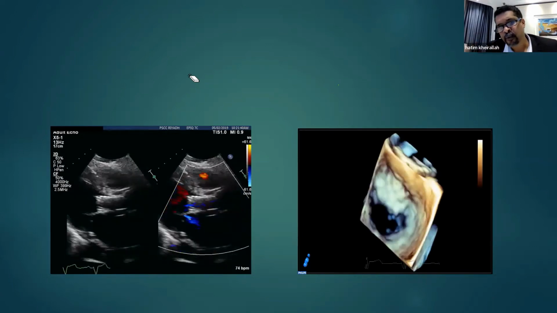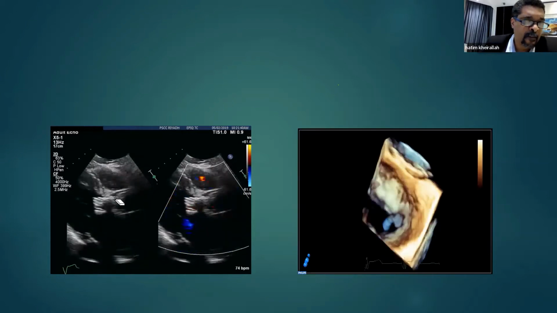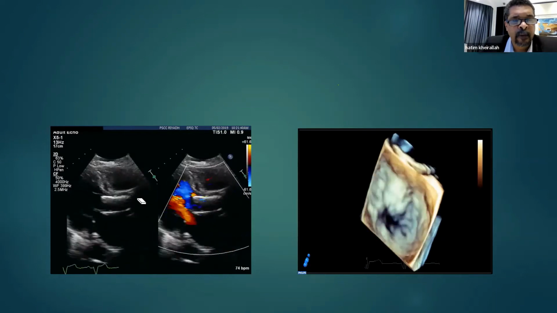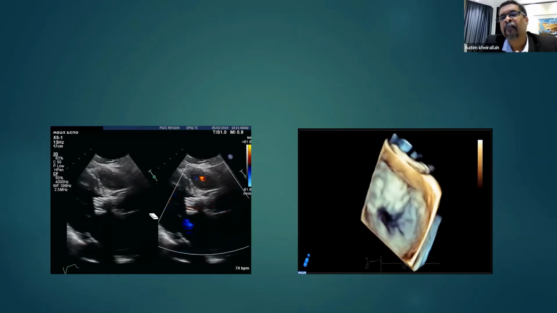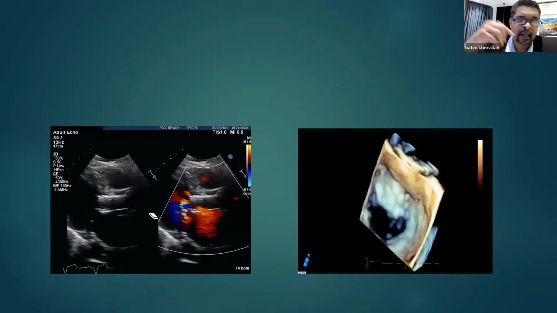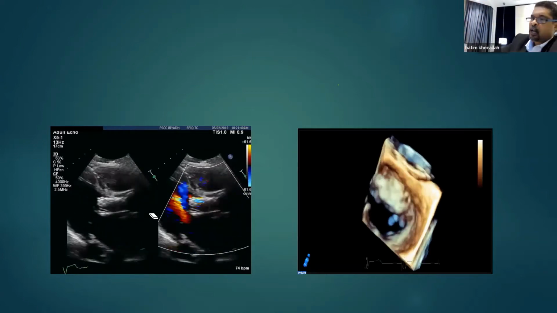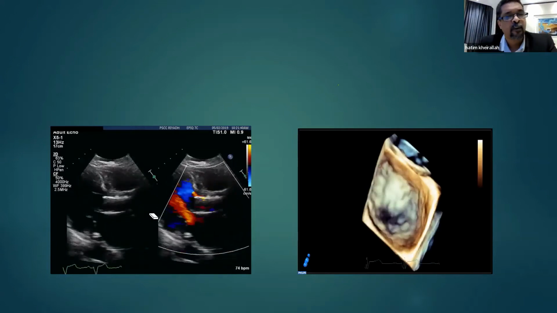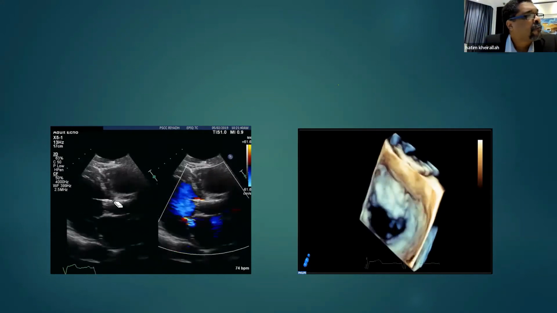So this is a case of TAVI, okay? And this is how the TAVI valve looks. It has a personality which is different from the bioprosthesis. It's stent-like. I will give you a session in echo soon, next week. I'm going to show you all of these valves and how they look. But this is a TAVI valve.